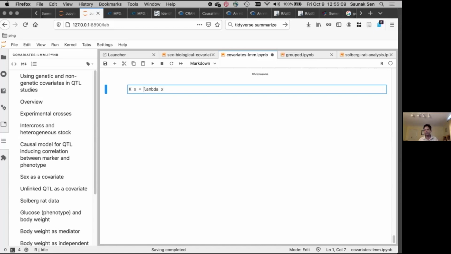I think I'm not giving a good definition, and maybe somebody has a better, quicker definition. But if you're familiar with principal components, think of it as basically doing something like principal components for your genetic relatedness.